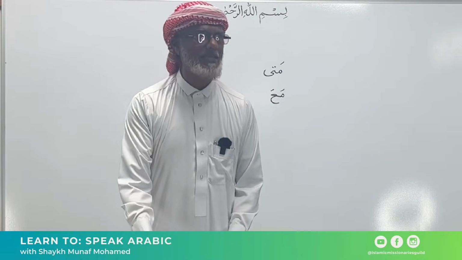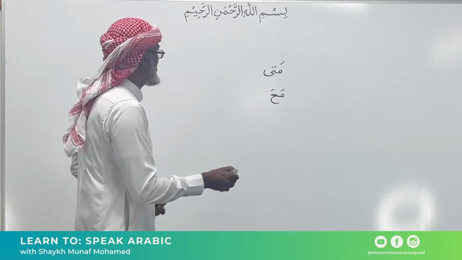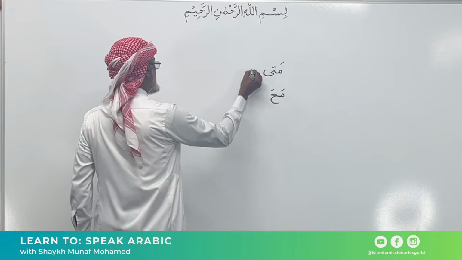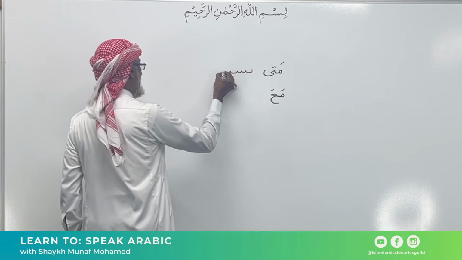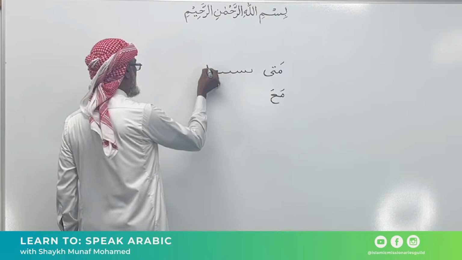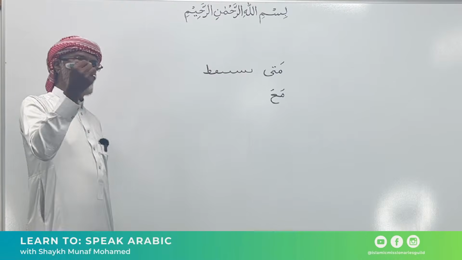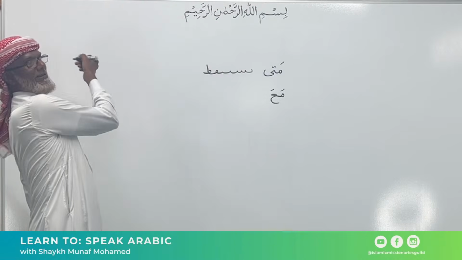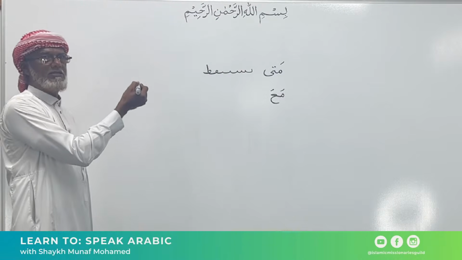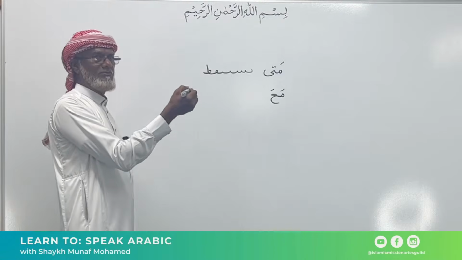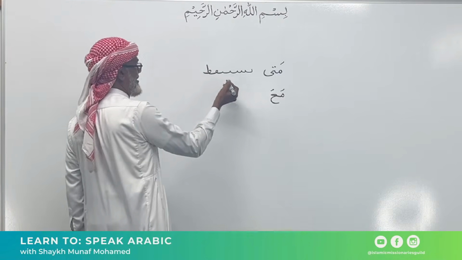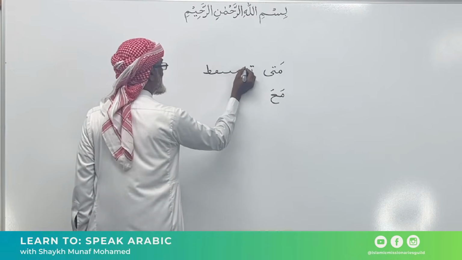Okay. Mata tastayqiz. Let me write this word here. Tastayqiz. When you're writing Arabic, you have to try not to go up and down, up and down. You just go the whole thing right down to the end. Right? And then when you're doing the shorthand, it's even different and faster.